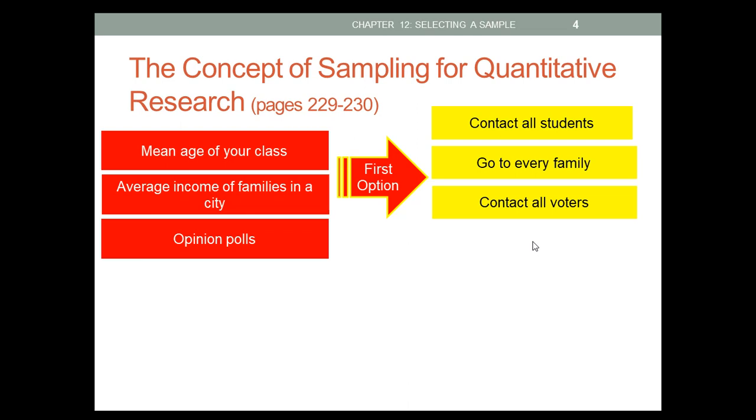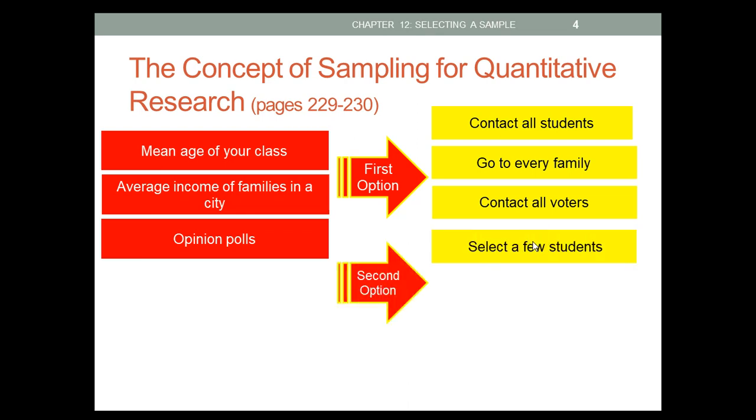These are the first options that are available for you as the researcher, but they can be expensive. Sometimes it's impossible to do so. It's impossible to go to every family or to talk to all voters. That is why we have the second option for your consideration.